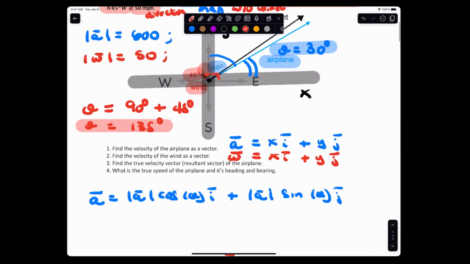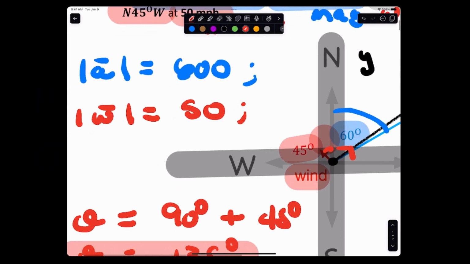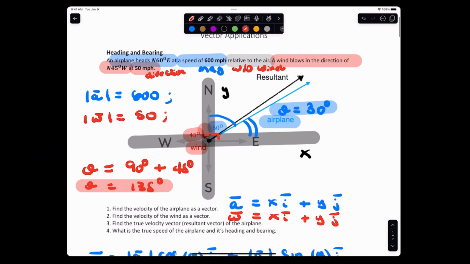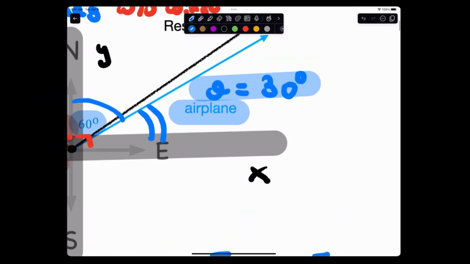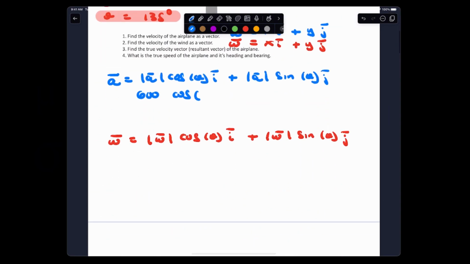You just have to know that the magnitude of A is 600, and the magnitude of the wind is 50. So you're going to write down here 600 cosine. What's the direction for the airplane? 30 degrees. Plus 600 sine 30 degrees j.